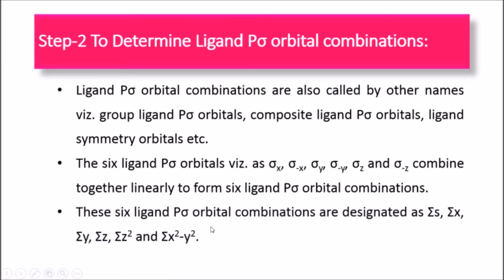These are designated as sigma s, sigma x, sigma y, sigma z, sigma z square, and sigma x square minus y square. This indicates a sum of both the plus and minus sides together in one form.